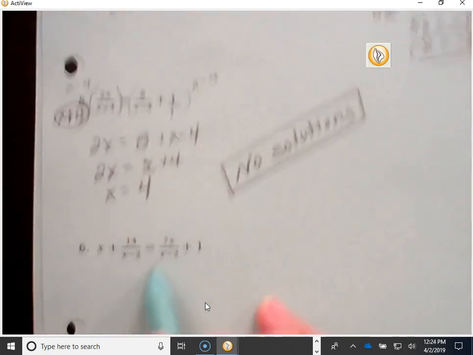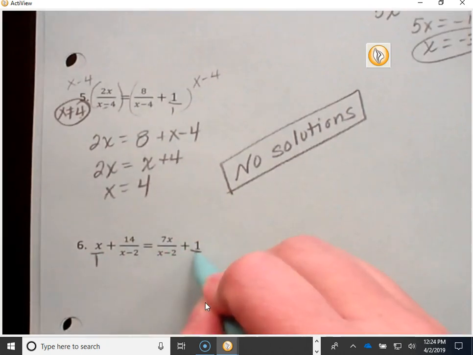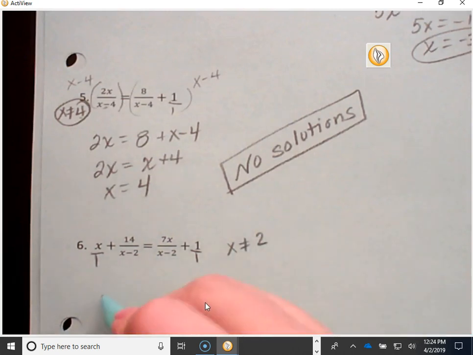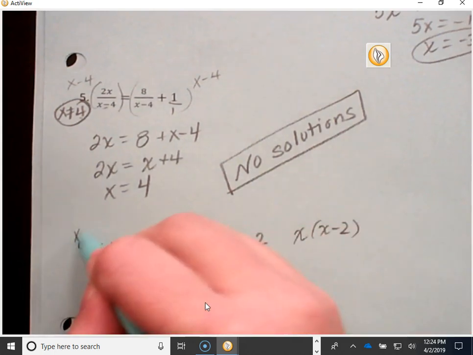Likewise on number 6, if x minus 2 is our only denominator, then x can't be 2. But we're going to have x times (x minus 2), because we're going to multiply everything by x minus 2.